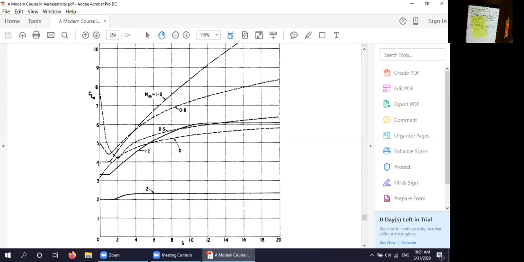And if you were to do this calculation using the CFD code, or if you were to actually be able to do an experiment, you would probably get an answer that's pretty close to what piston theory gives you for short times. But then what happens at large time is the lift curve slope, or the lift coefficient, just keeps going up and up and up. And in fact, it goes off to infinity.